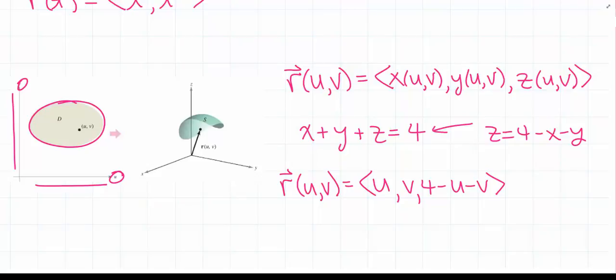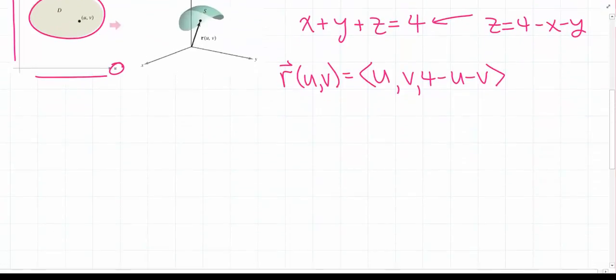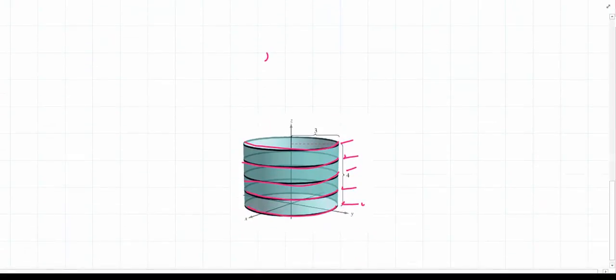Now, what we want to do is note that there are some surfaces that we see oftentimes, and there are a little bit more elegant ways to represent those surfaces. So, for example, let's think about a cylinder. All right, here is a cylinder.